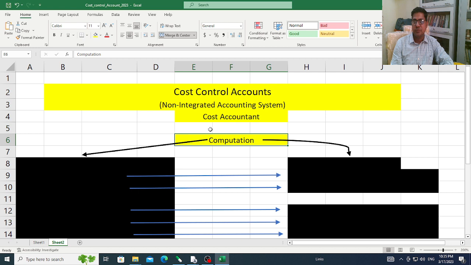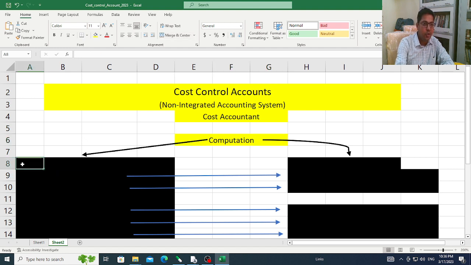Now friends, you already studied the cost sheet in semester 5. You have seen the cost sheet and you already studied how to calculate it. We prepare the cost sheet to find out the cost per unit and the total production, which we easily get by preparing the cost sheet.